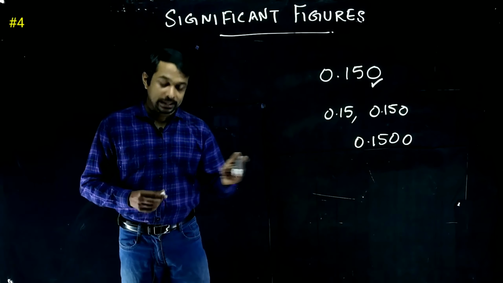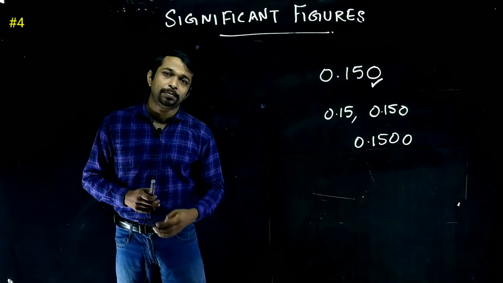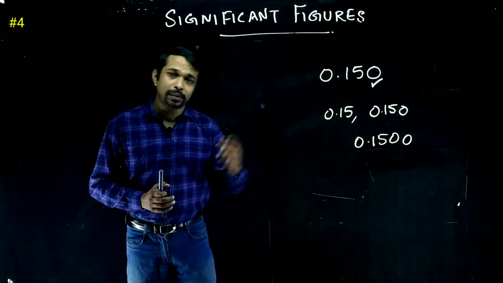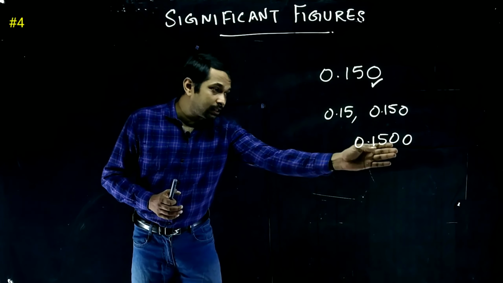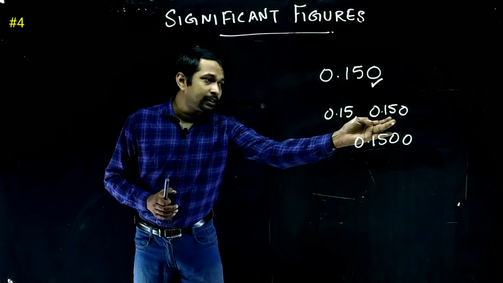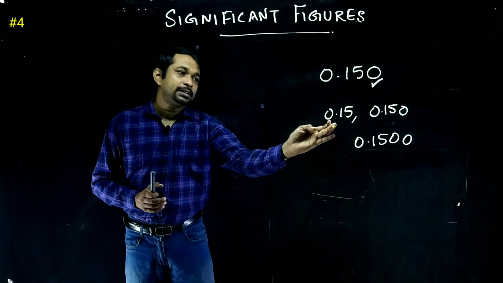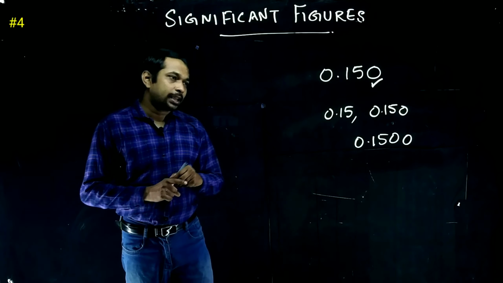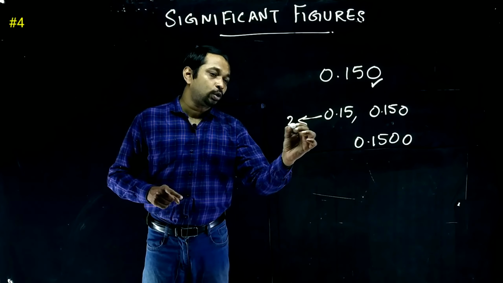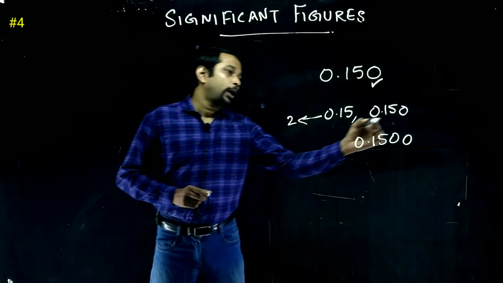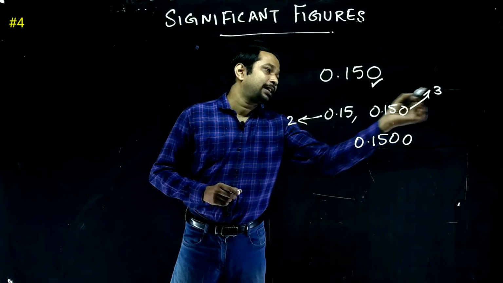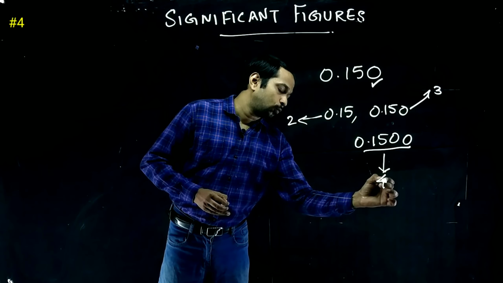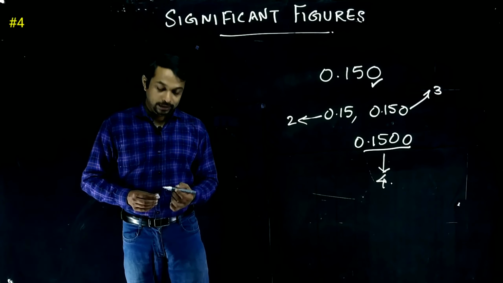This one is more precise. We are measuring up to 4 decimal places, and we are finding out that the third and fourth places are 0, which means this is more precise than this. Here I will say 0.15 has only 2 significant figures, while 0.150 has 3 significant figures, and this one has 4 significant figures.